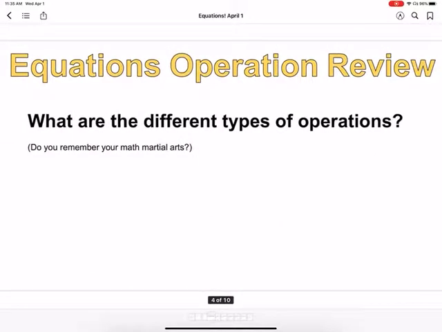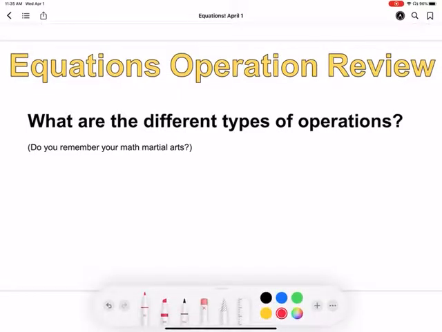Okay, now let's get into the meat of our idea today. We're going to be looking at different types of operations. Do you remember your martial arts? We talked about that one being silly. The first one was you took your hands, did that one. Then you took your hands, you did that one. Then you took your hands and crossed them like this. And then the last one, you took your hands and went like this and like that.